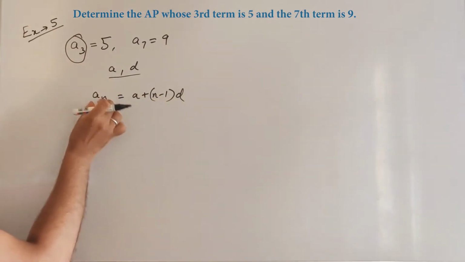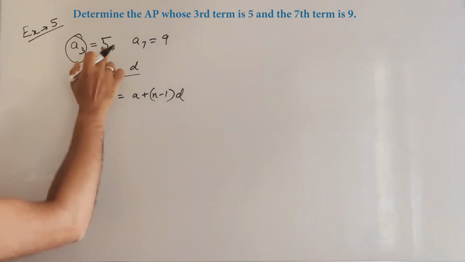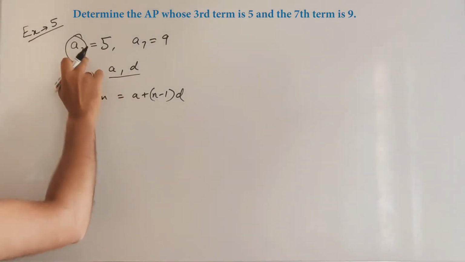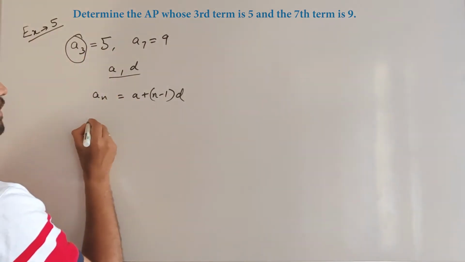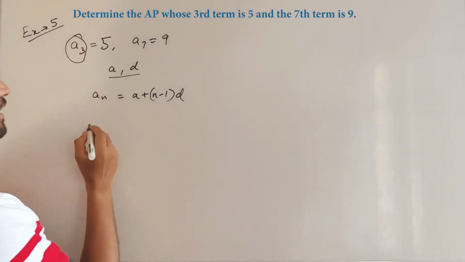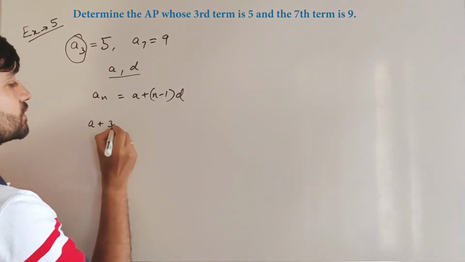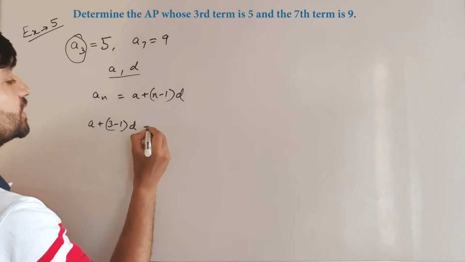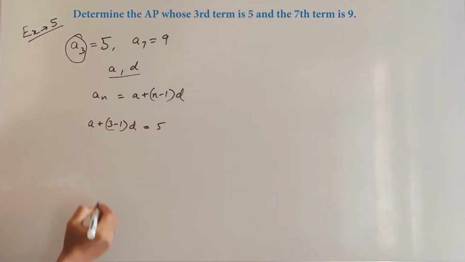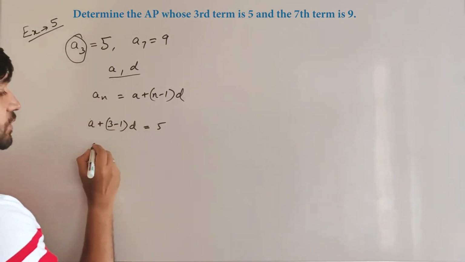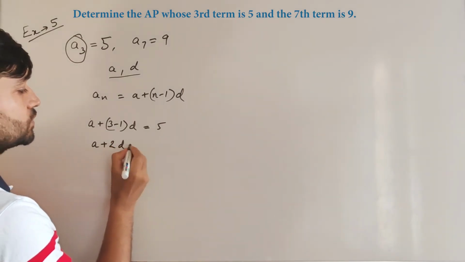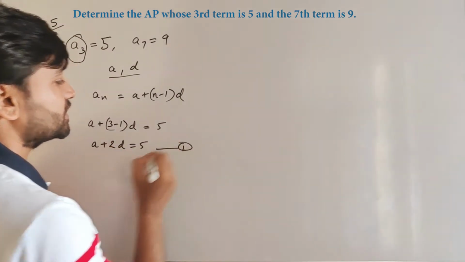So the third term is given here as 5. A3 I can write as A plus 3 minus 1 into D is equal to 5. I'll simplify this equation. I'll get A plus 2D is equal to 5, and I'll call this equation number 1.